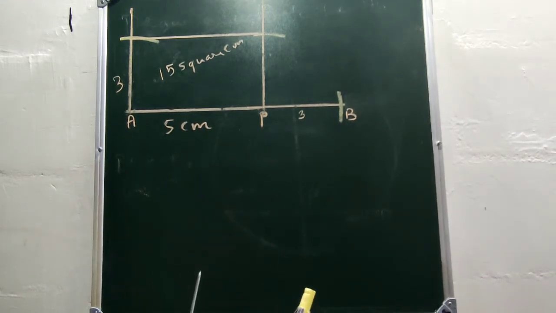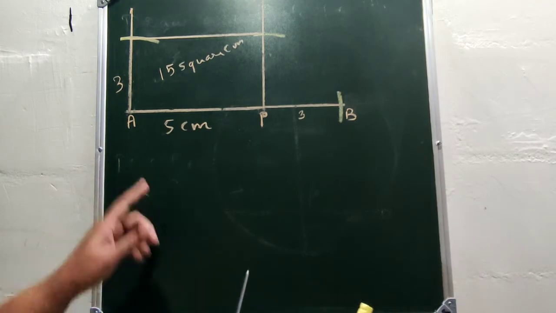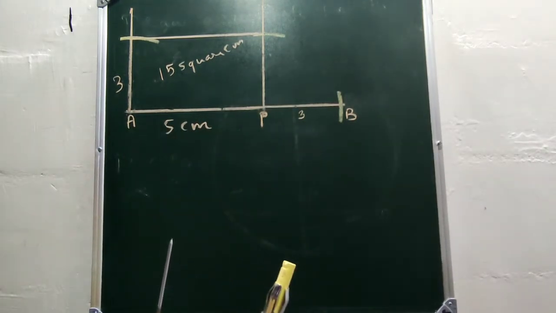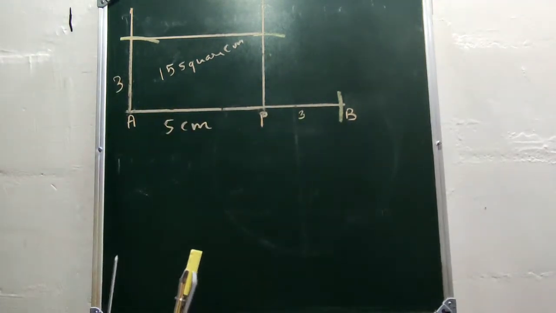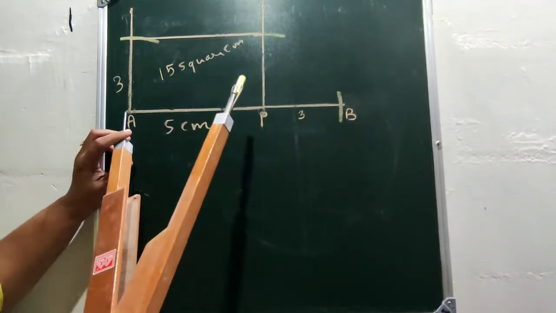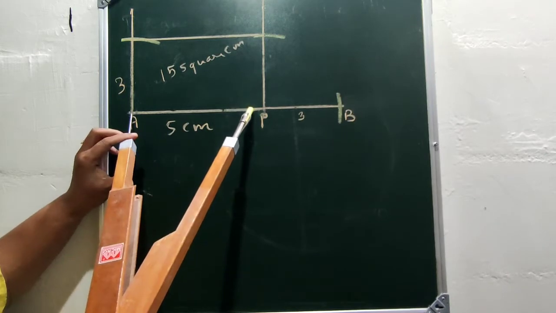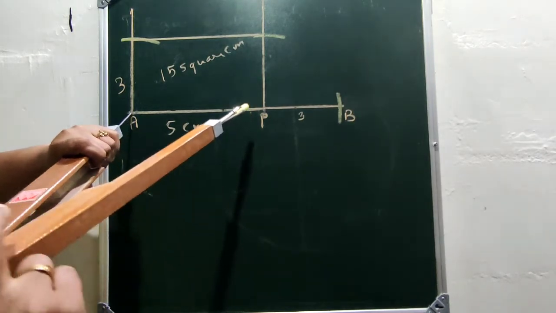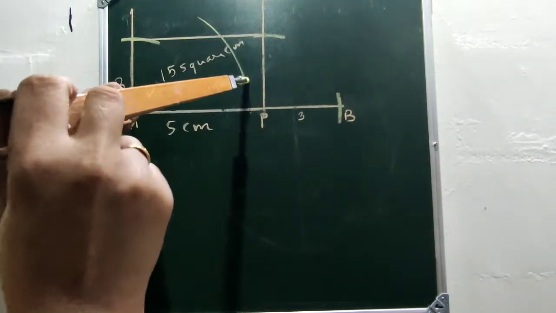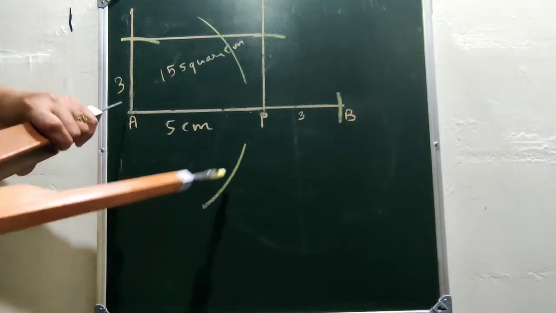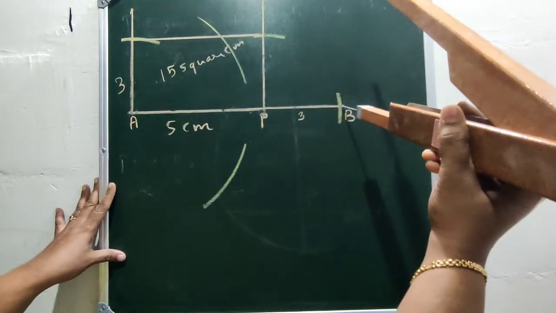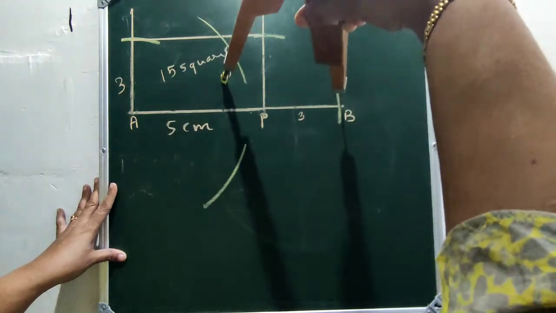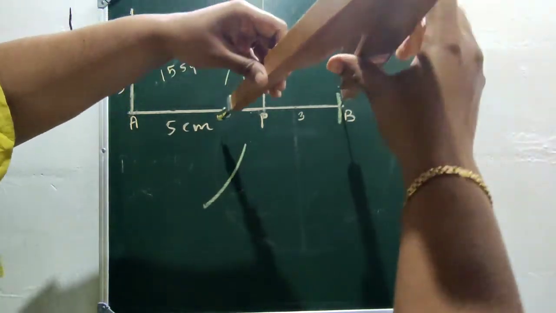For that, take more than half of this length AB on the compass. Then draw arcs keeping this point A as center on both sides, and B as center on both sides.